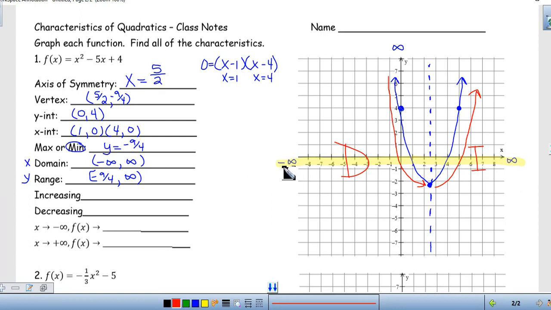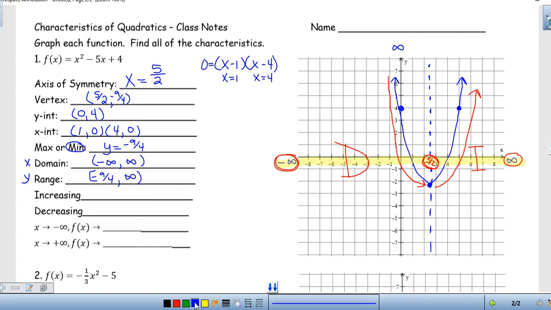So like I said, we're going to focus on these x values. I am decreasing from negative infinity all the way till I get to the axis of symmetry. And the axis of symmetry sits at 5/2. So that's where I stop decreasing. And then from 5/2 all the way to infinity, I'm increasing.